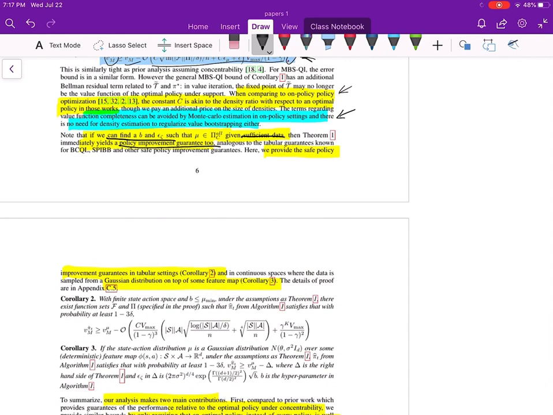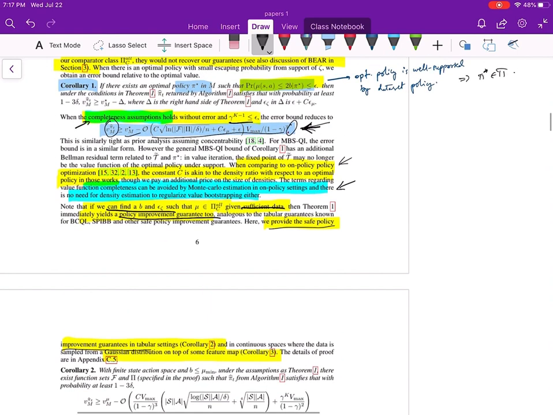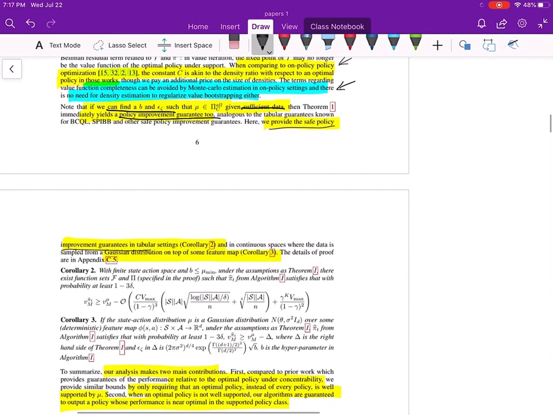Now they also provide a safe policy improvement guarantee, which is to say that this parameter will be replaced by the value from the dataset policy. So you would assume your dataset policy is good enough in some sense, so you would not want to deviate from it in terms of the return.